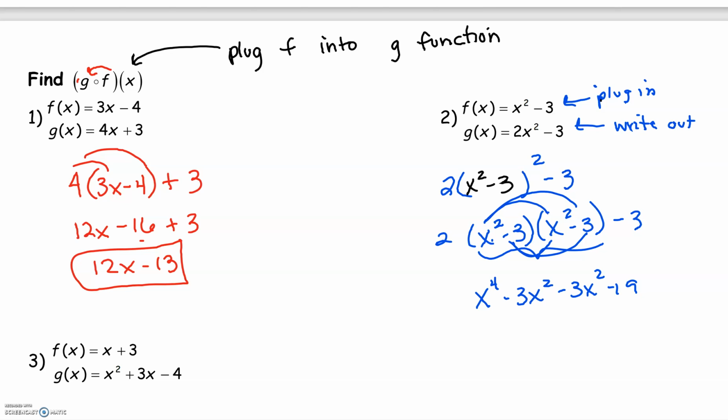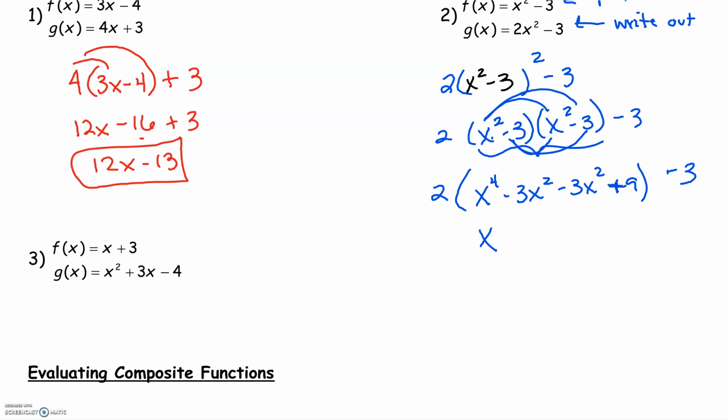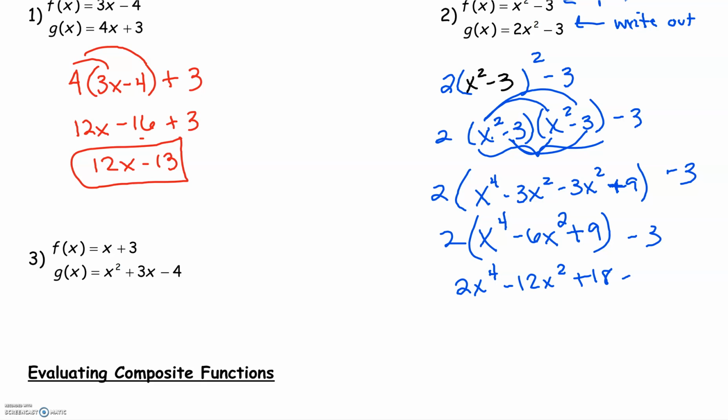Let's combine our like terms, and then we'll multiply everything by 2. So that's x to the 4th minus 6x squared plus 9. I want to distribute this 2 to everything. So 2x to the 4th minus 12x squared plus 18, and then we're going to subtract that 3 as our final step. And there we go.